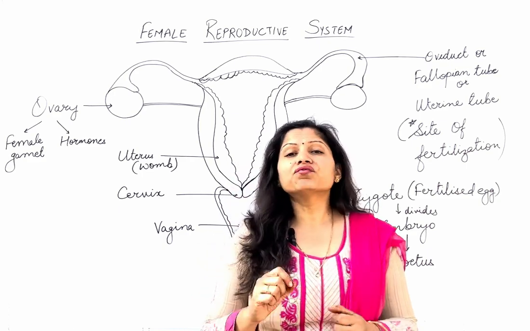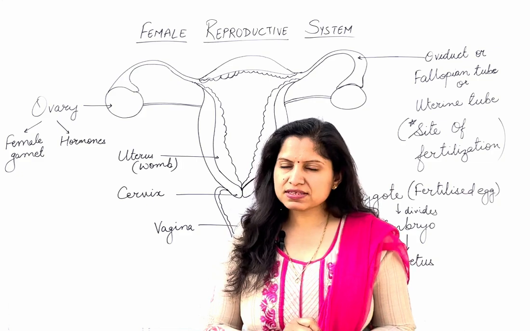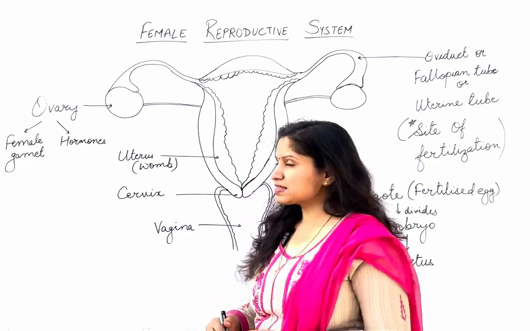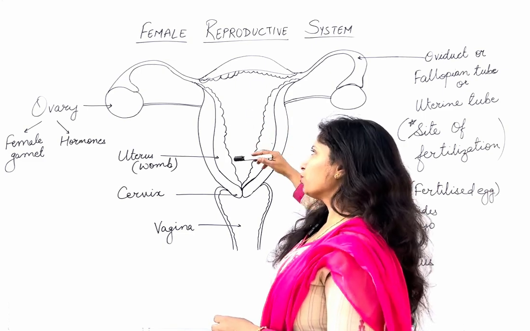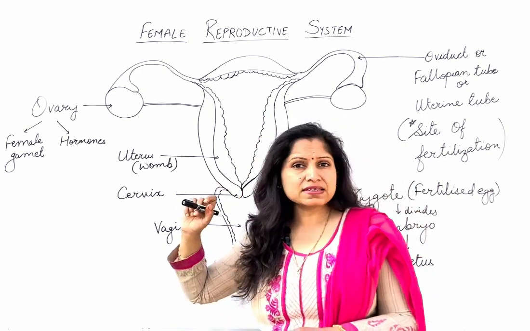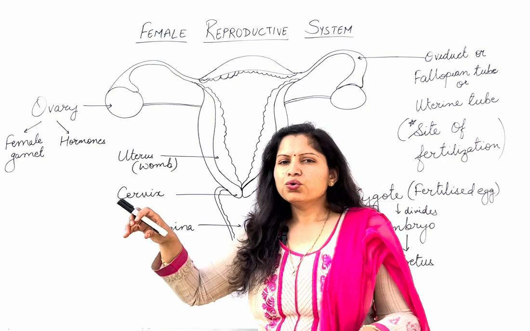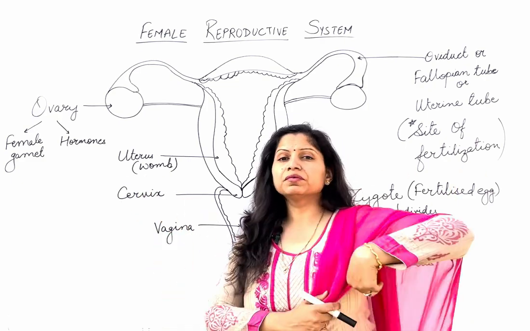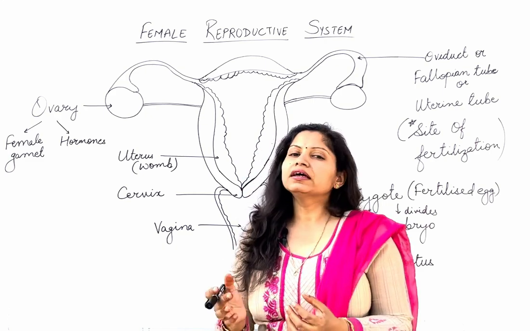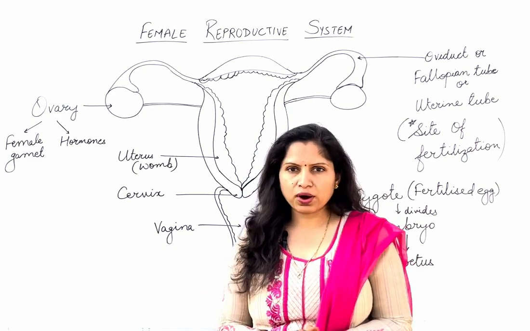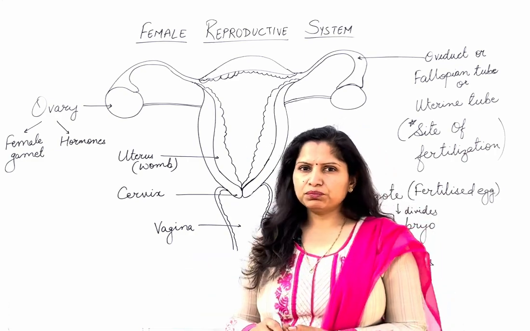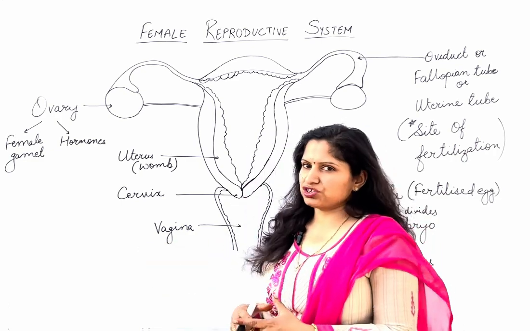But in case fertilization doesn't happen, then what is going to happen? If fertilization doesn't take place, then the extra growth of the inner lining of the uterus is no more required. Whatever extra growth was there in the uterus, mucus was developed, blood capillaries were developed, they are no longer required. And so they are expelled out of the body, passing through the cervix and the vagina.